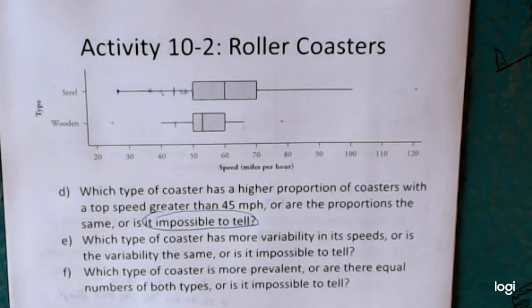Which type of coaster has more variability in its speeds? Or is the variability the same, or is it impossible to tell? Remember how we can tell about variability: we have measures of spread. I can't say anything about the standard deviations here, but I can speak about the range and the IQR. Can you see which one has the larger range? Surely.